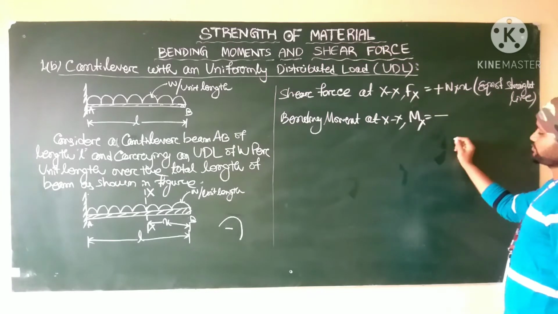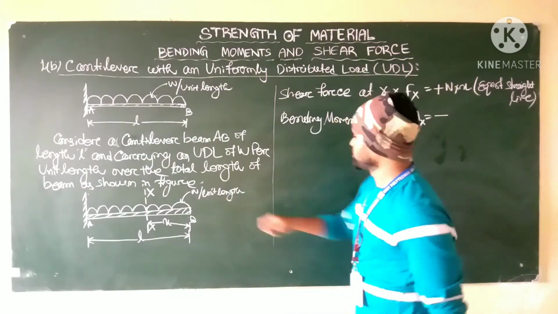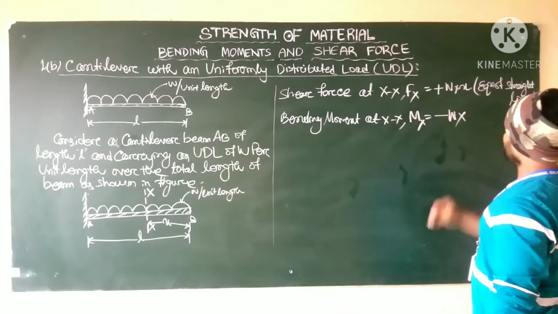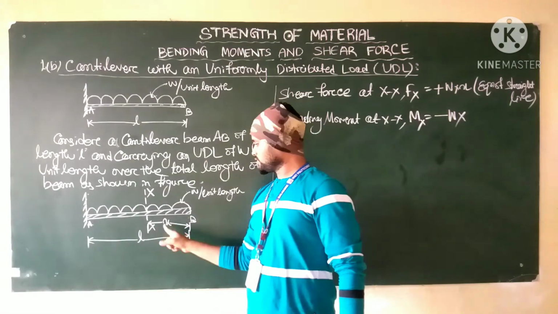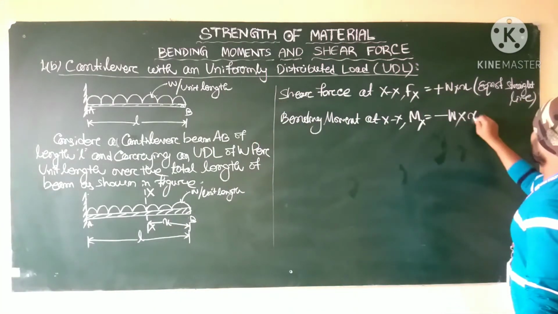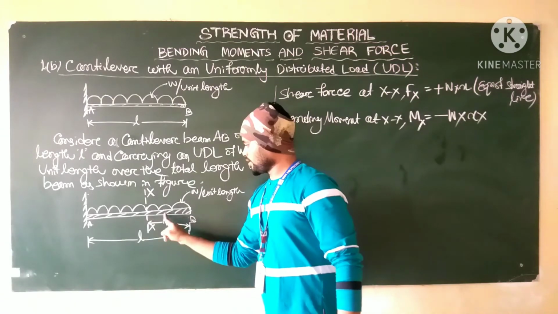So minus W into the distance over which the UDL is applied, small x, into x divided by 2.